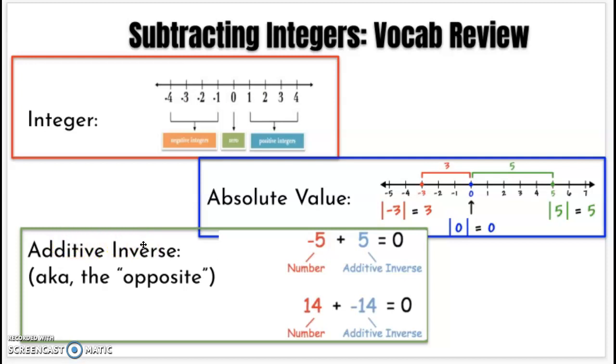The additive inverse is whatever number you need to add to an integer to make 0. So the additive inverse of -5 is +5. The additive inverse of 14 is -14. So that's just our proper terminology for a number's opposite.